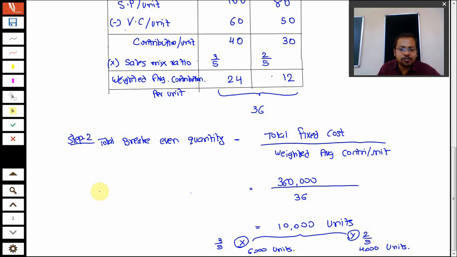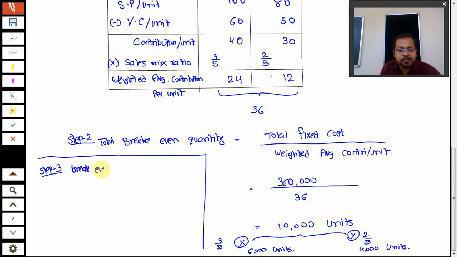Now since I don't have much space here, so I am completing step number 3 here itself. Okay. So let me complete step number 3. So step number 3 is to find break even sales. So break even sales is in rupees, and formula is, this is break even quantity multiplied with selling price per unit.